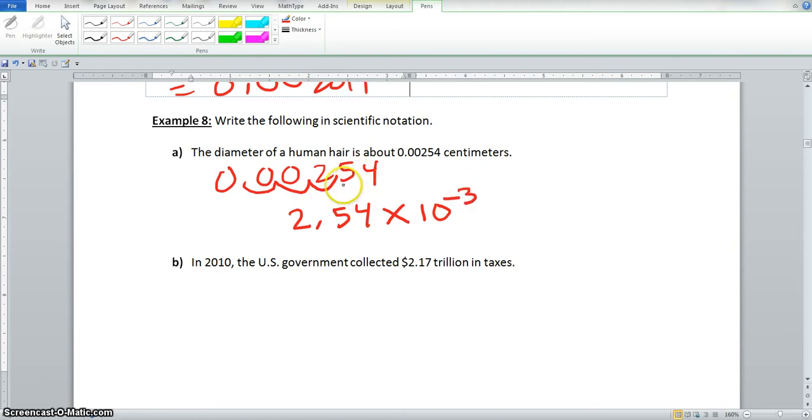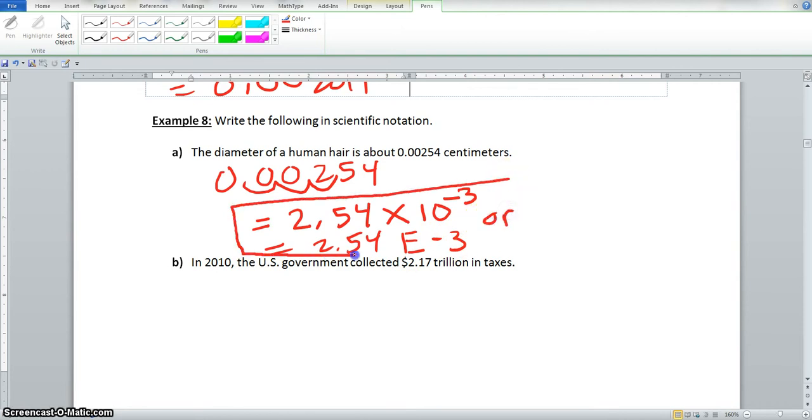If we would have moved it to the left, it would be positive. To write it like it's in the calculator, it would be 2.54 e negative 3. So you can write either one.